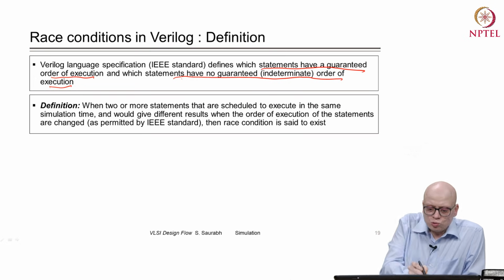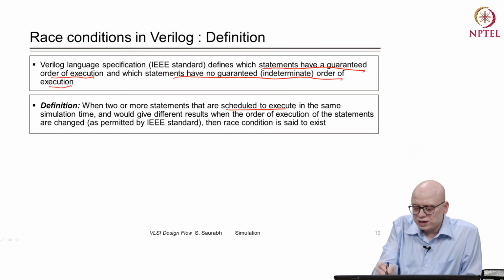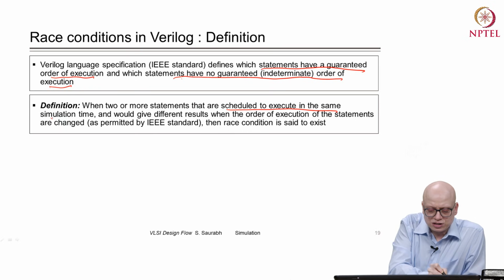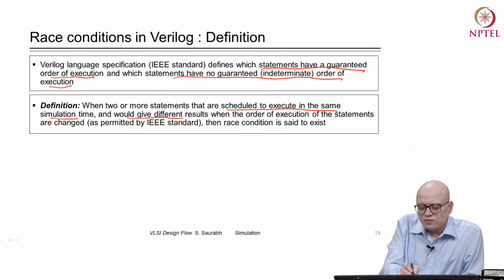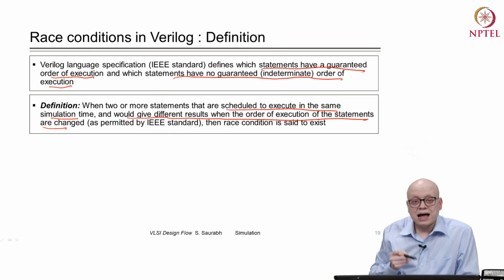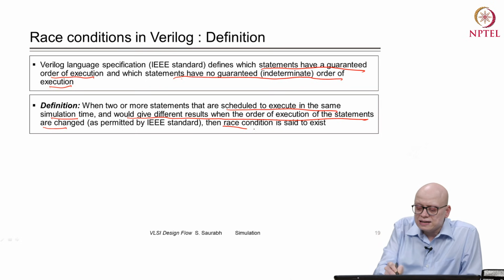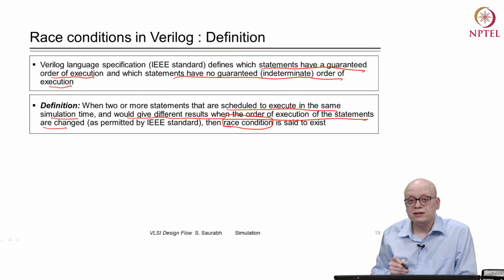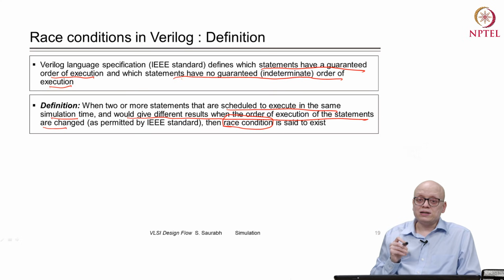So, when two or more statements that are scheduled to execute in the same simulation time would give different results when the order of execution of statements is changed as permitted by the IEEE standard, then we say a race condition has happened. What is a race condition?